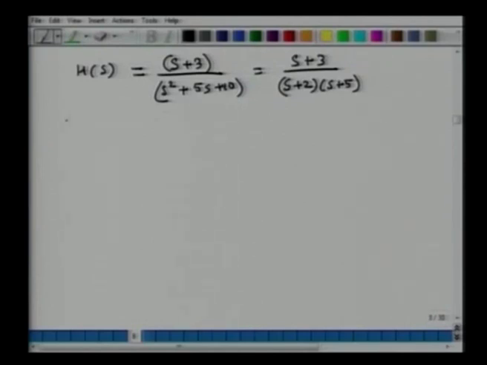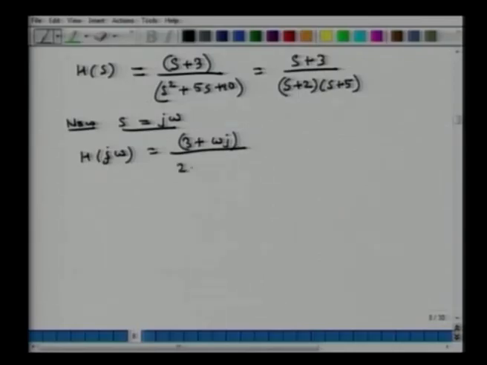So now if I have to do a phase plot or a magnitude plot for H, I set S equals j omega. So then my H(j omega) becomes (3 plus omega j) over (2 plus omega j) times (5 plus omega j). Now what we see here is that H is a product of 3 individual small transfer functions.